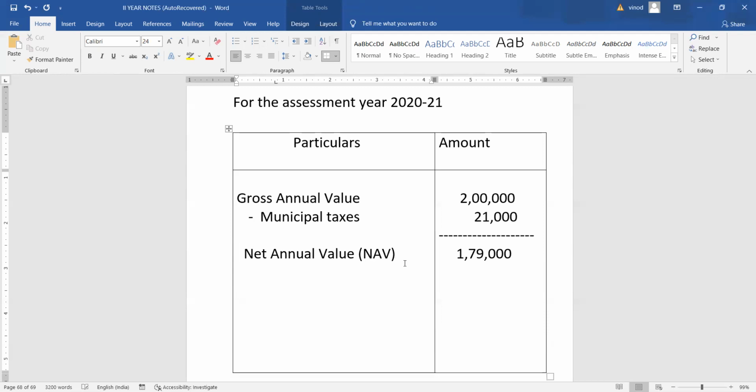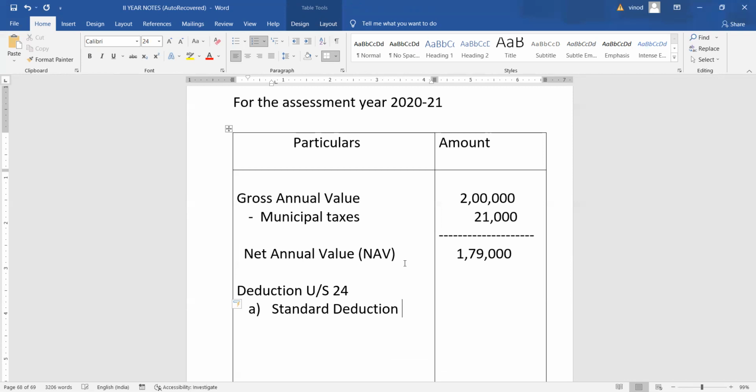Now, deductions under section 24. The first one is standard deduction at the rate of 30% on NAV, net annual value. If you calculate that one, you write in the inner column 53,700.